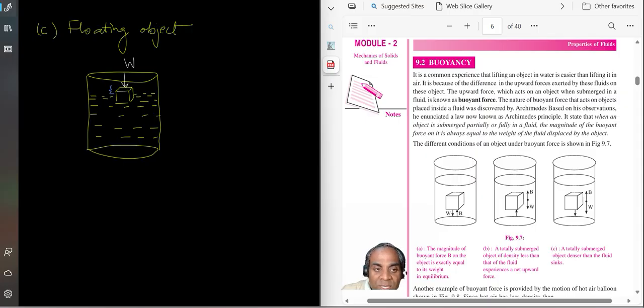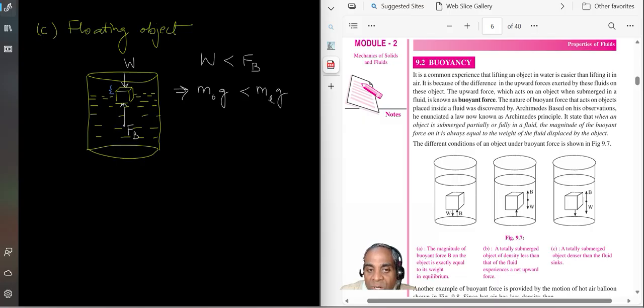This is the weight of the object, this is the buoyant force, and in this case the buoyant force is greater than the weight of the object, that is why the object is floating. So we will write W less than Fb in this case, and when we develop this equation in terms of basic formulae, mass of the object into gravity is less than mass of the liquid displaced into gravity.